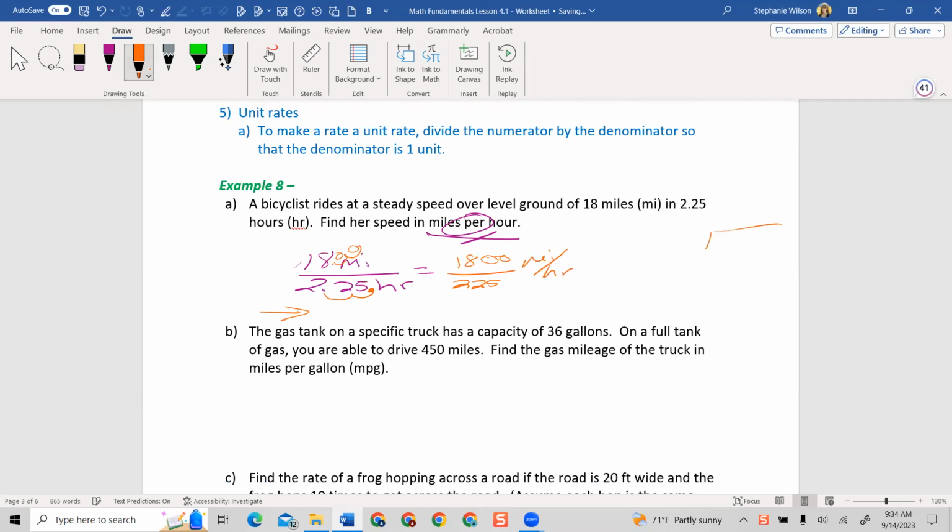So if you wanted to come over here and do this long division, 225 will go into 1,800. Let's see, 1,800 divided by 225 goes into it 8 times.